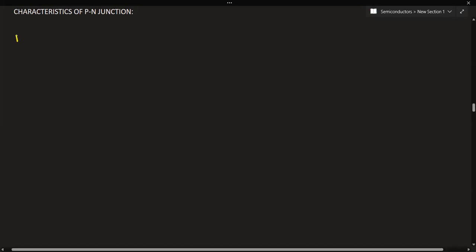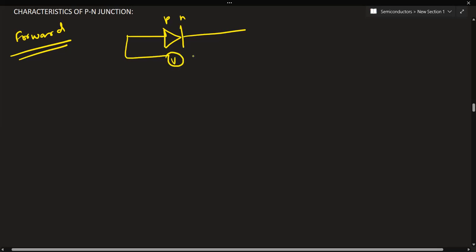Now see, for forward bias, firstly the setup before telling you the graph. This is the P, this is the N part. A voltage has been connected in order to measure this. This is the experimental arrangement for studying the characteristic curve of a PN junction when it is forward biased.